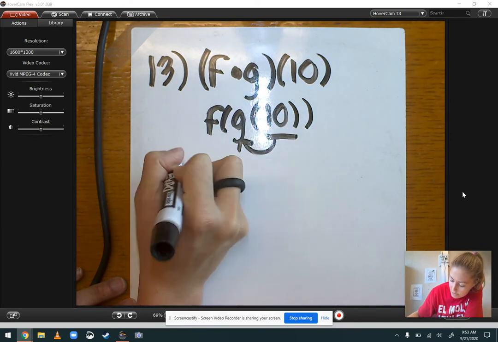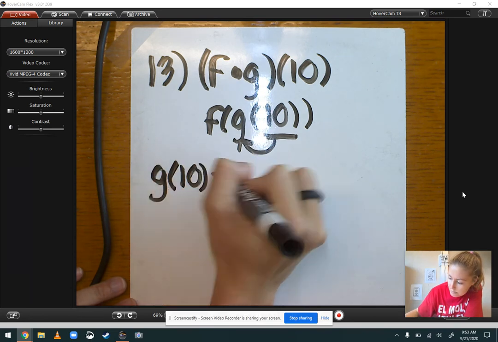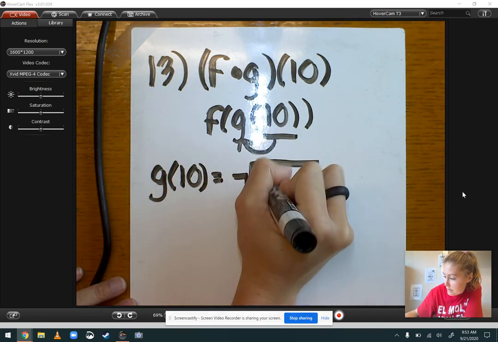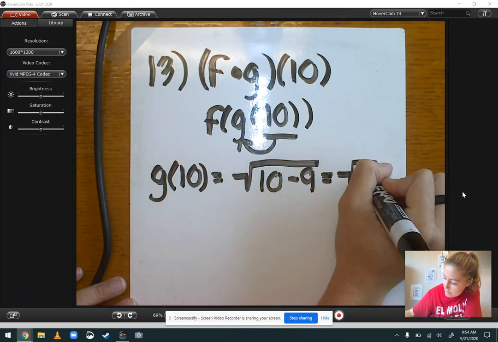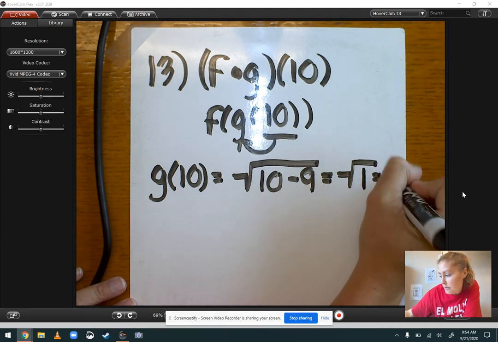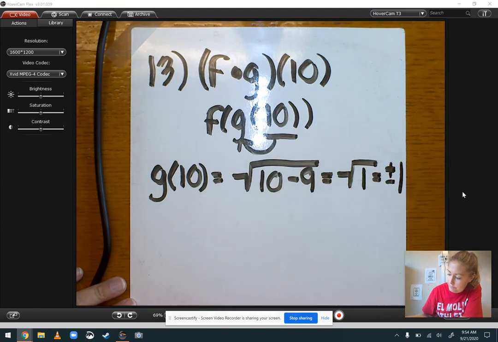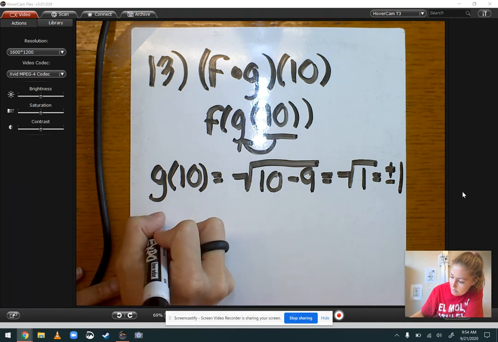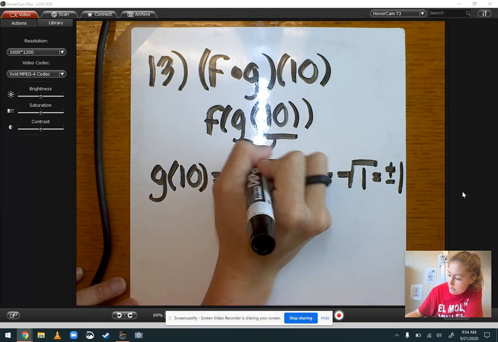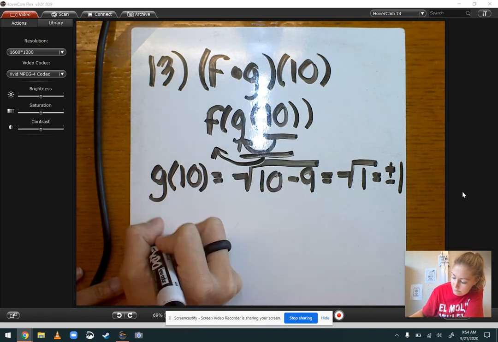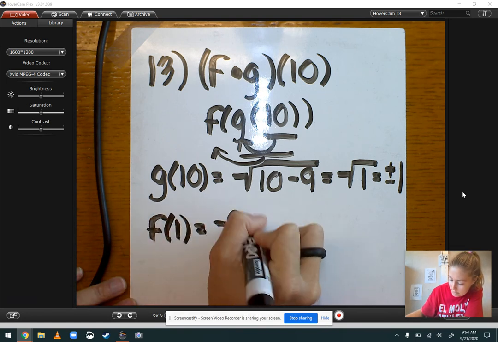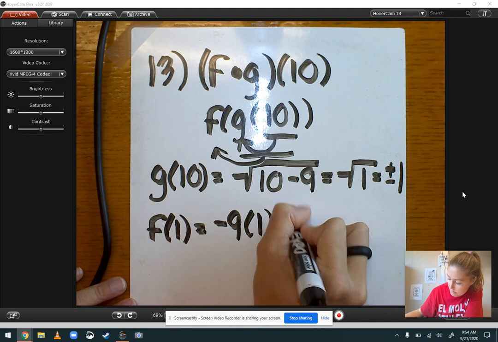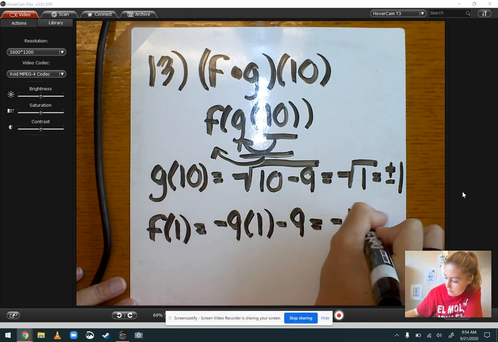So g of 10 is equal to the square root of 10 minus 9, which equals the square root of 1, which can be plus or minus 1. Then we plug the positive 1 into f. So f of 1 is equal to negative 9 times 1 minus 9, which equals negative 18.